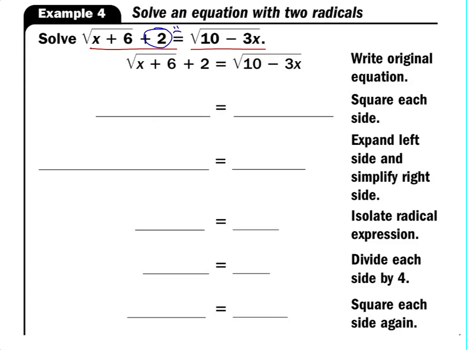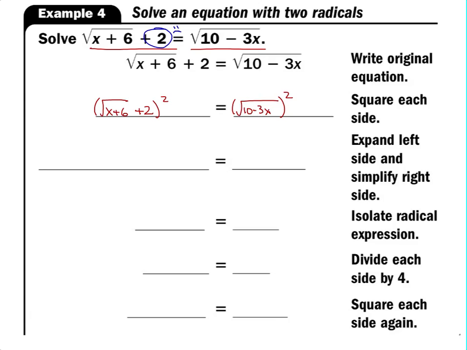We have to begin by squaring each side. So here's the thing. We're gonna do root x plus 6 plus 2 squared equals root 10 minus 3x squared. We squared each side of the equation.